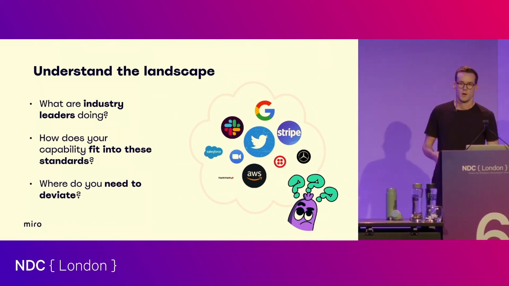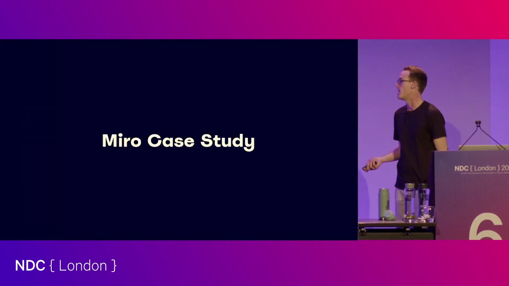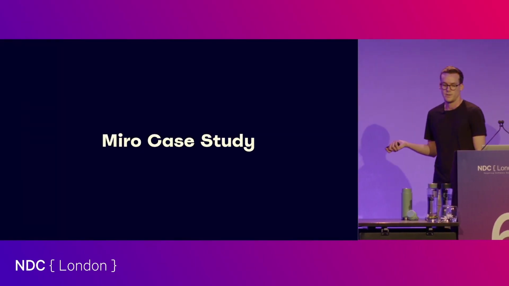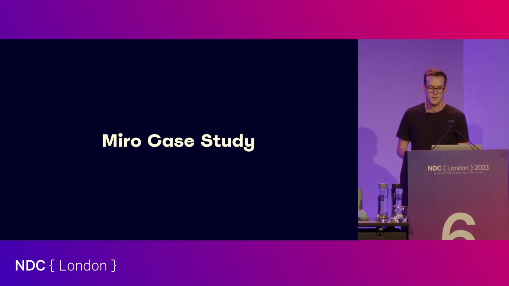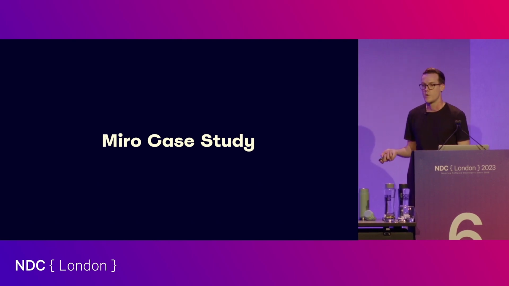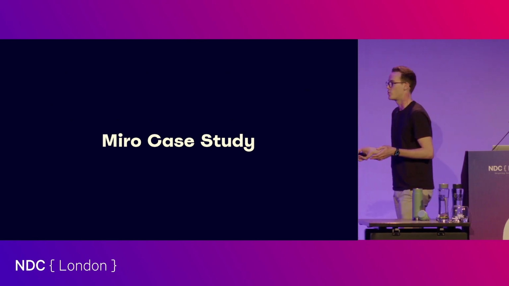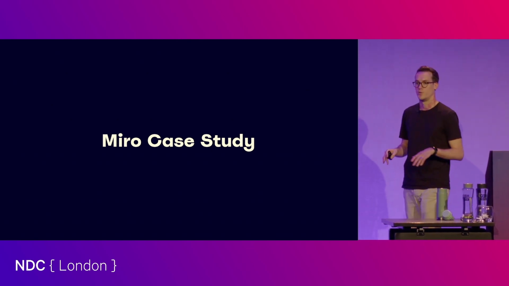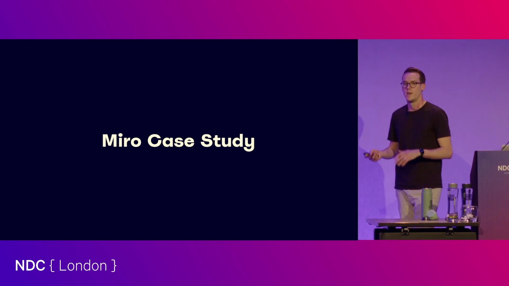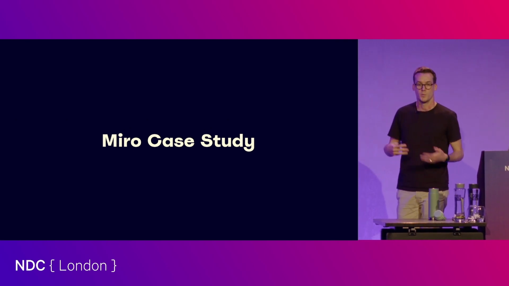So with this in mind, let's take a look at a Miro case study, how we handled this at Miro. Just for some context, we had what we will call a V1 developer platform, which we rebuilt from scratch to improve the developer experience and extend the capabilities of what people could build on Miro.